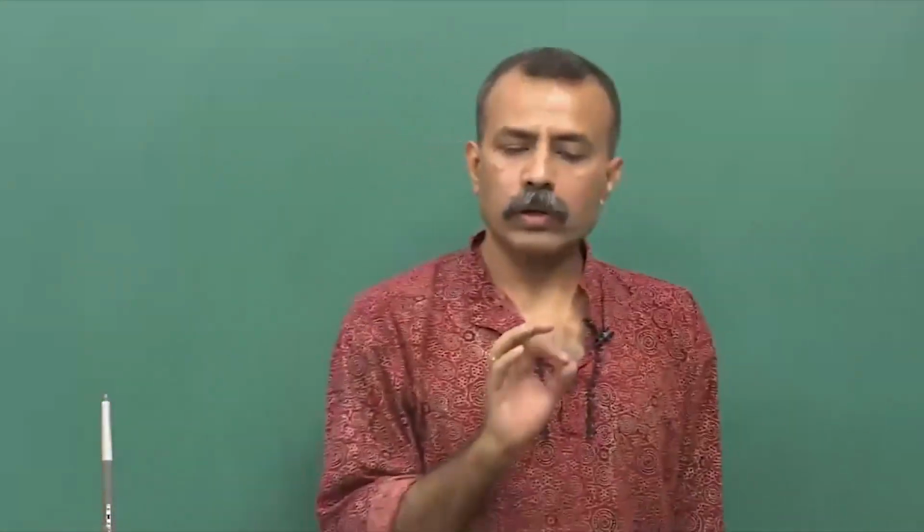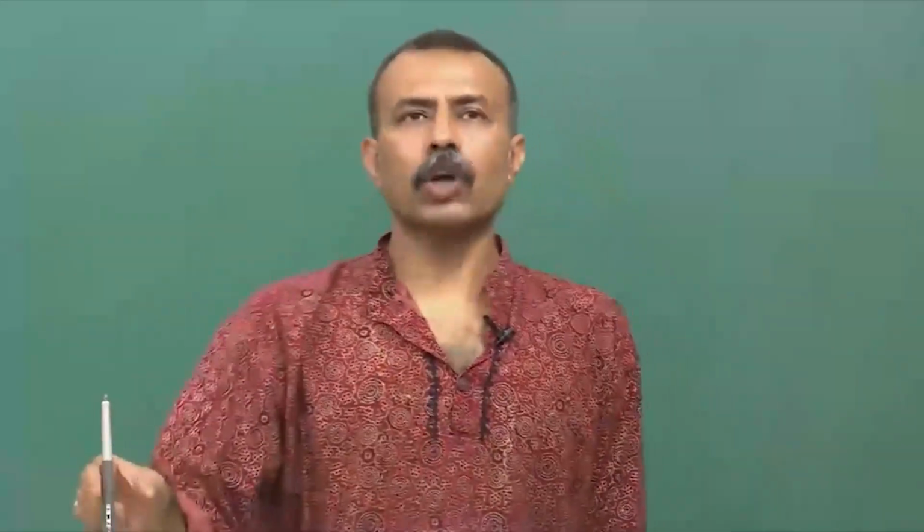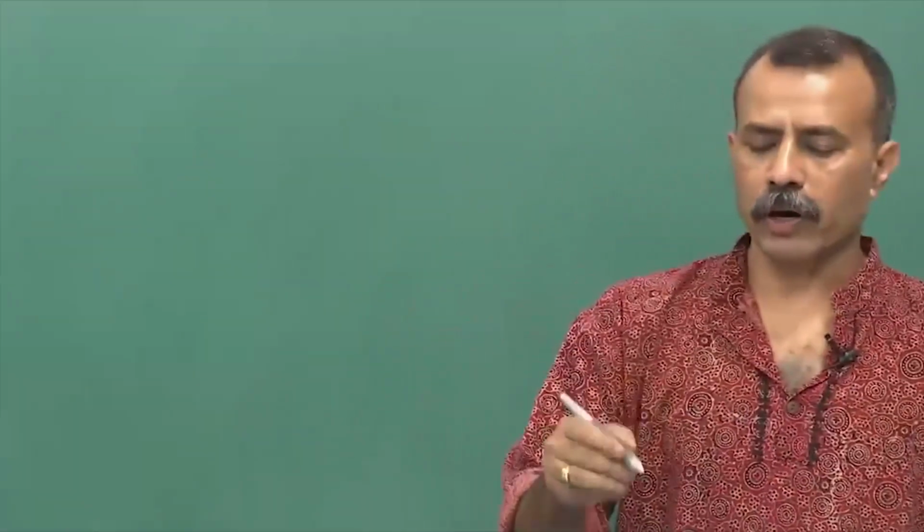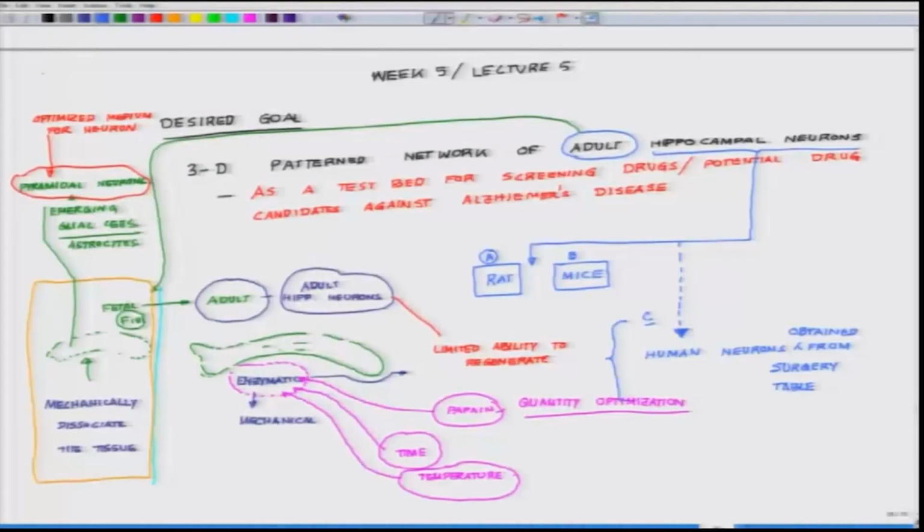The medium which is commonly used for fetal hippocampal neurons is called neurobasal medium. You can go online and check it out. Neurobasal medium is supplemented with a composition called B27. This composition was developed primarily by a gentleman called Gregory Brewer.